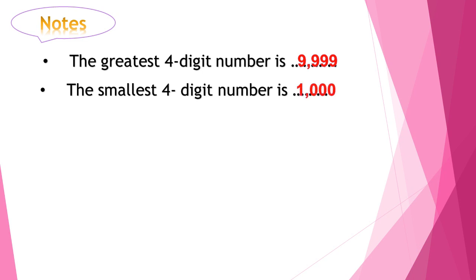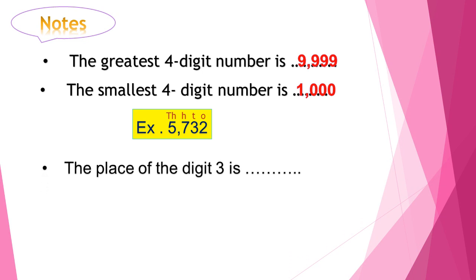We have here example. We put the places above each digit: ones, tens, hundreds, thousand. Then we read it as 5,732. Complete. The place of the digit 3 is 3 in what? 3 in tens.